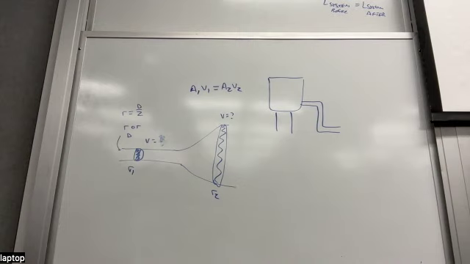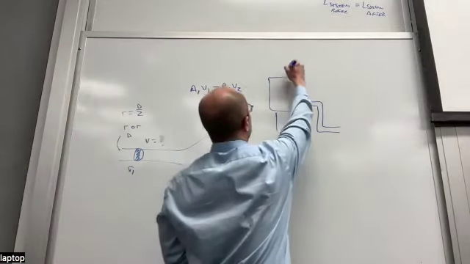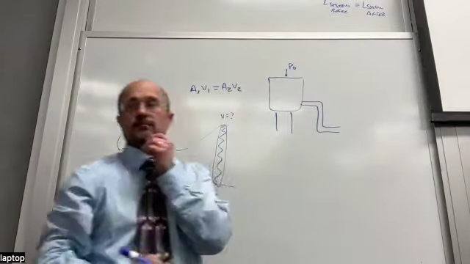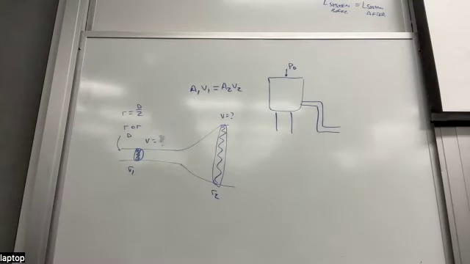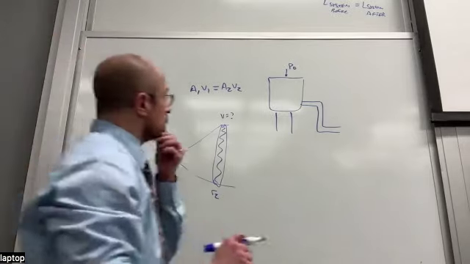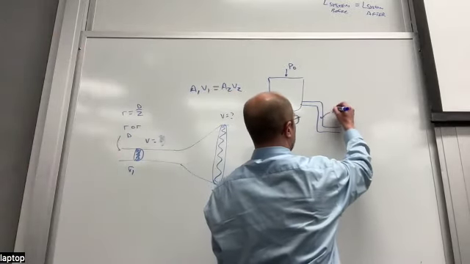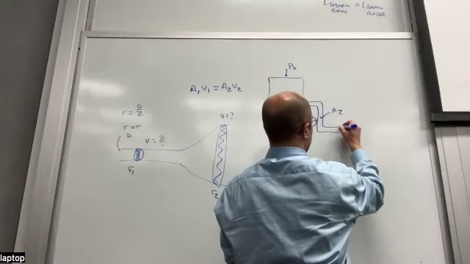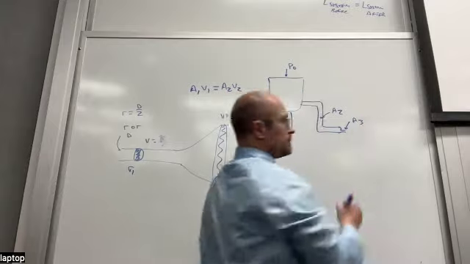Yeah, open tank, so the pressure at the top is P0. They give you area 2 and area 3.